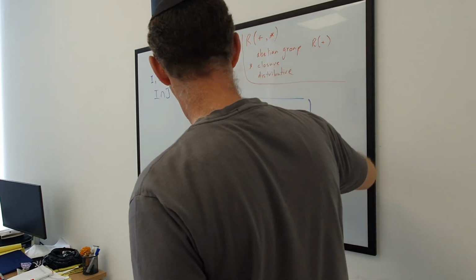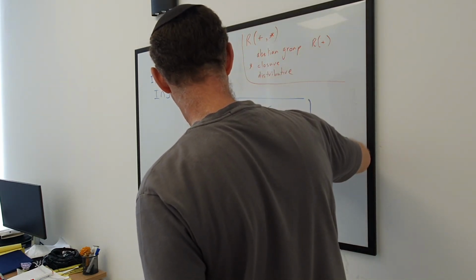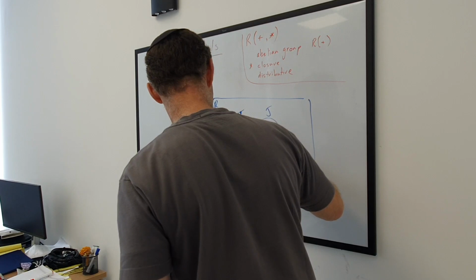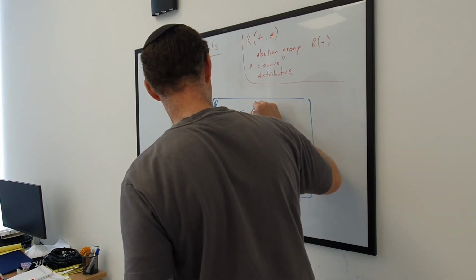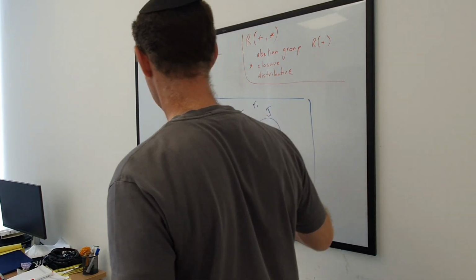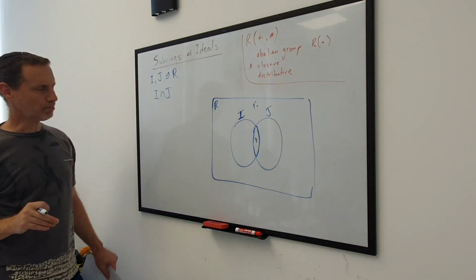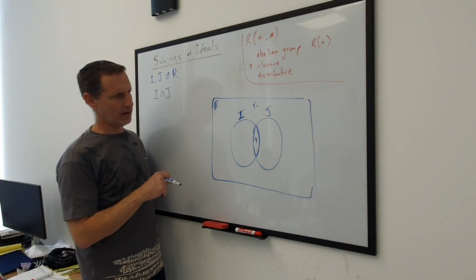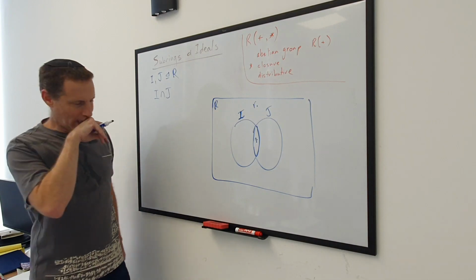Now what we want to do is take A in here and then R in here and see that it maps to the same place.